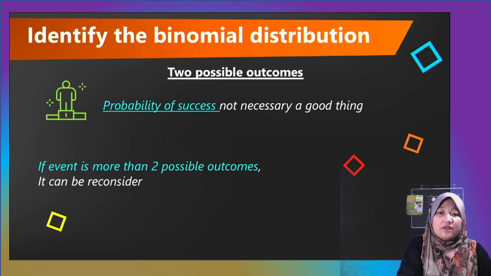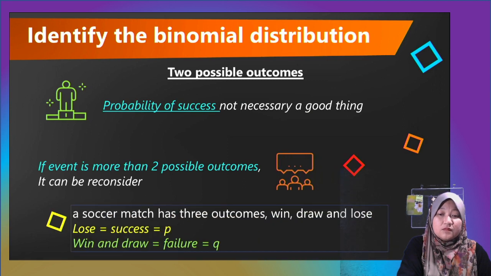Second, if an event has more than two possible outcomes, it can be reconsidered. What does reconsidered mean? Look at this example. A soccer match has three outcomes: win, draw, and lose. If we let lose be the success event, then win and draw will be the failure event.